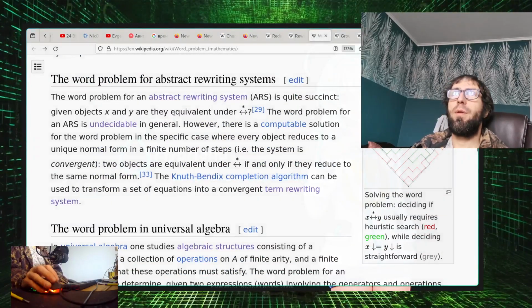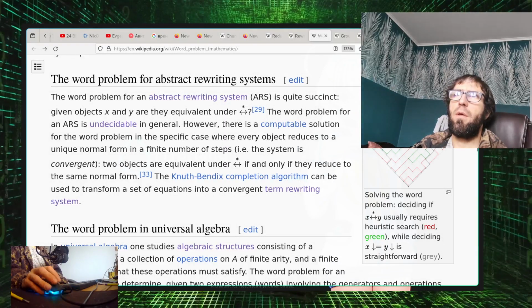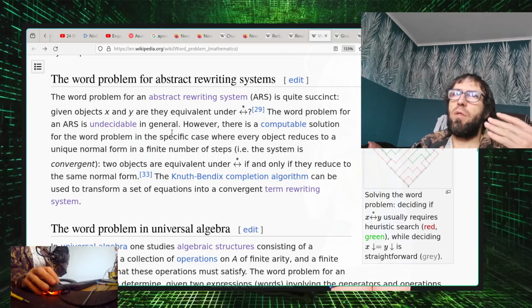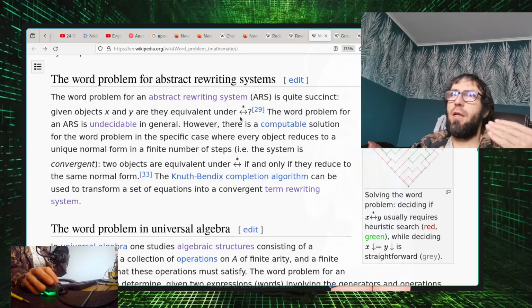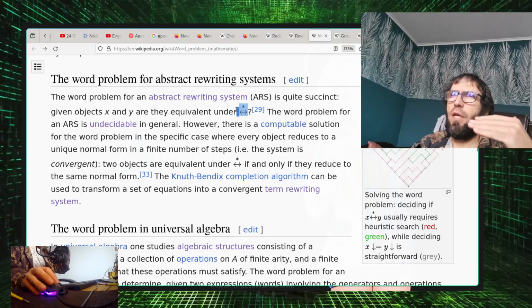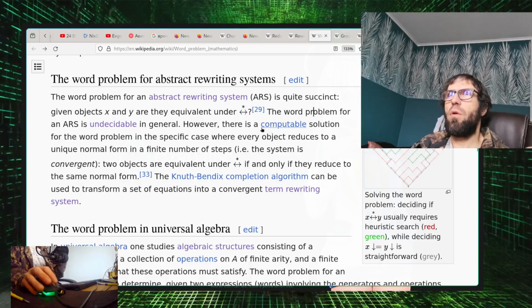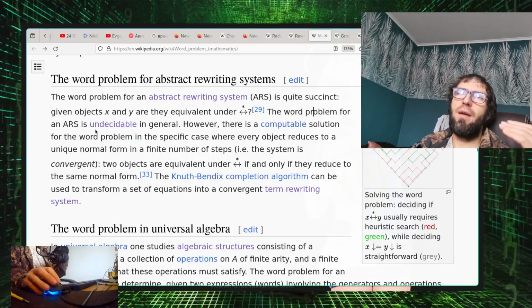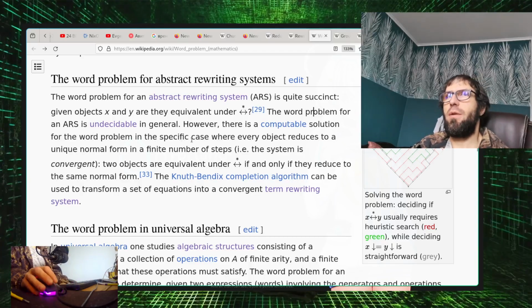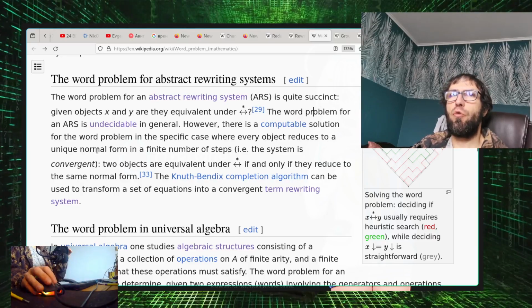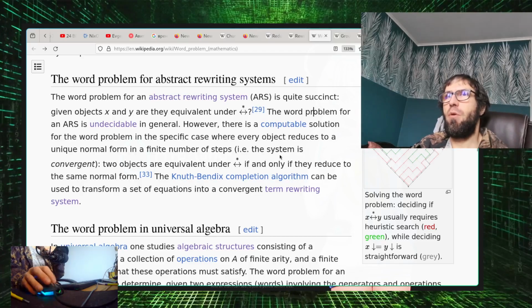Also, the word problem exists for abstract rewriting systems. We have two objects, x and y, and we need to say whether they are equivalent under this relation. The word problem for an ARS is undecidable in general. However, there is a computable solution for the word problem in the specific case where every object is reduced to a unique normal form in a finite number of steps.